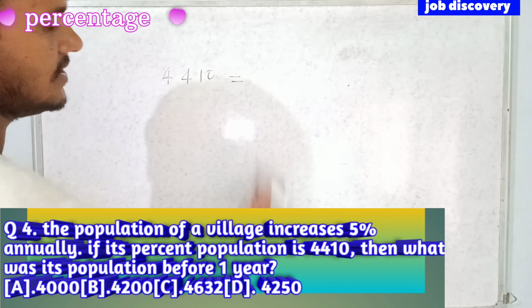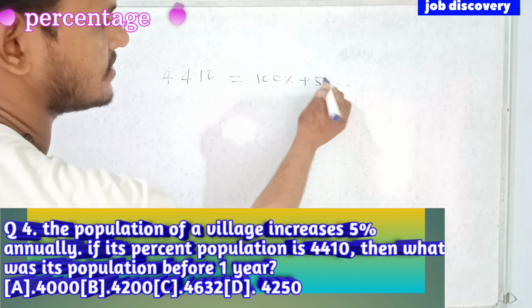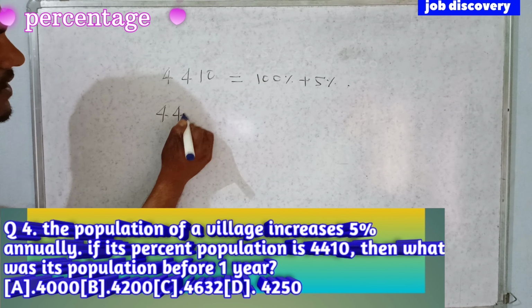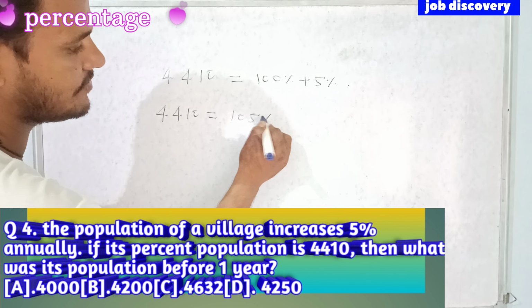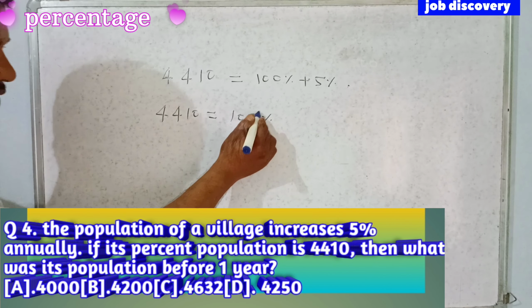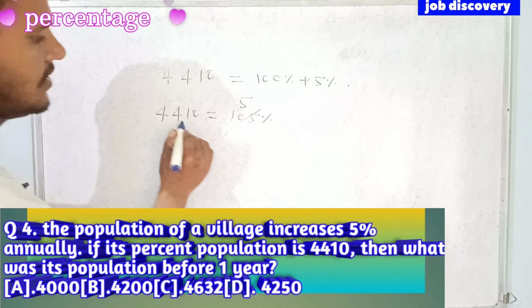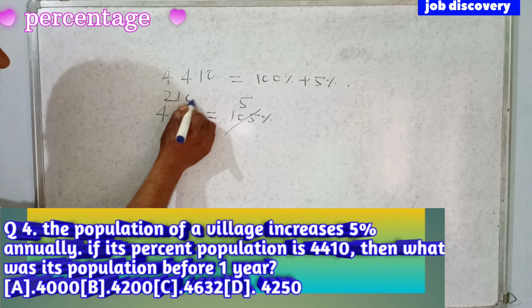So we can say 100% plus 5%, 4,410 is equal to 105%, right? So 21 into 5 will be 105, and 21 into 210.